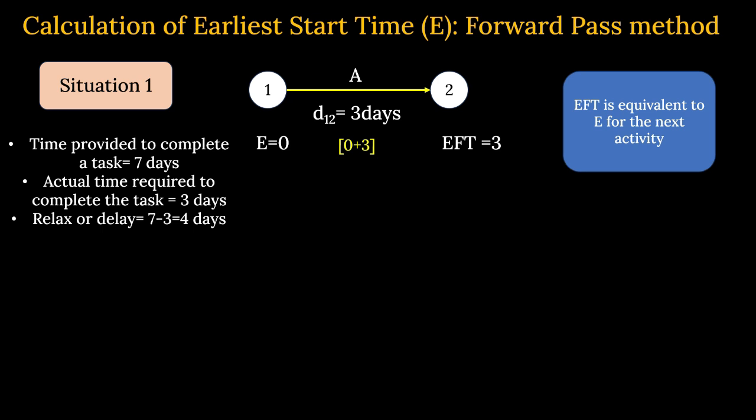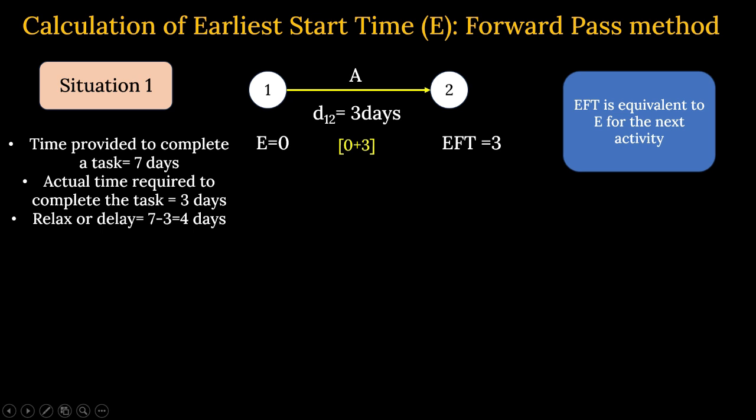This is just the indication of where one activity is ending and another is beginning. So if A is finishing on the 3rd day, that is the earliest start time for the next task. That will be denoted by E for the next activity.